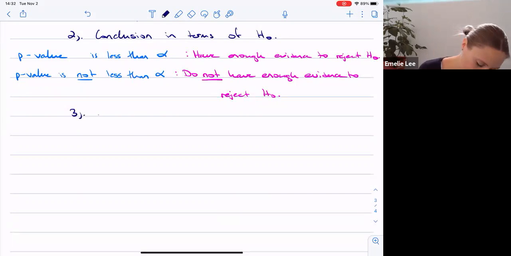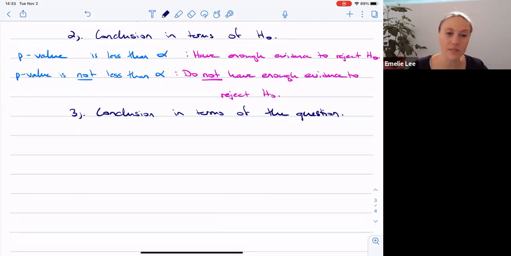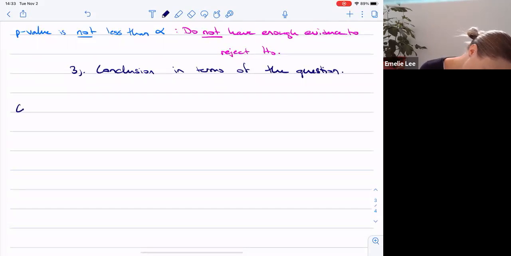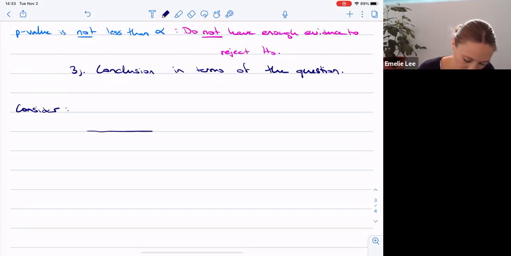So our last step is the conclusion in terms of the question, right? What does it mean to reject H naught in terms of the question? What does it mean to not have enough evidence to reject H naught? So let's look at proportions, because that's probably the easiest one.